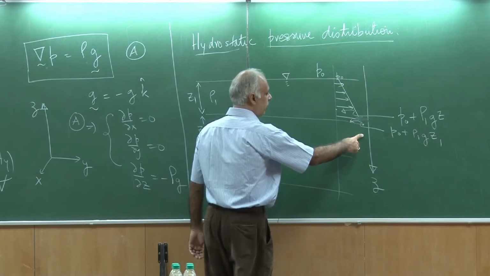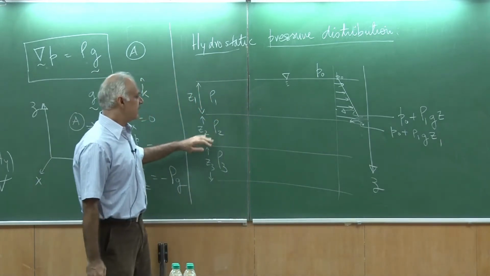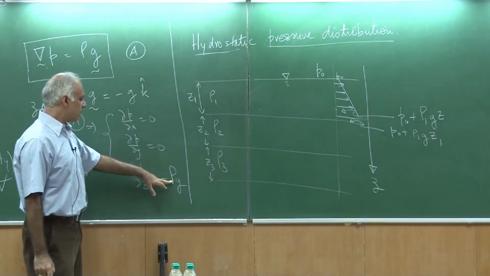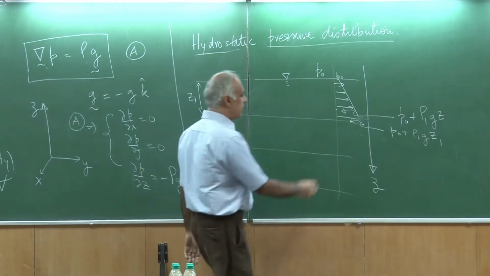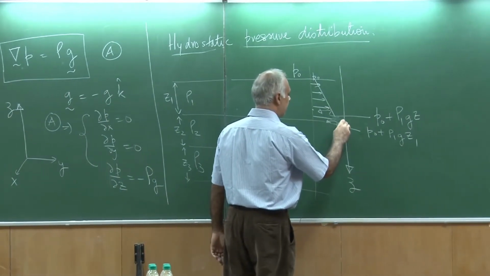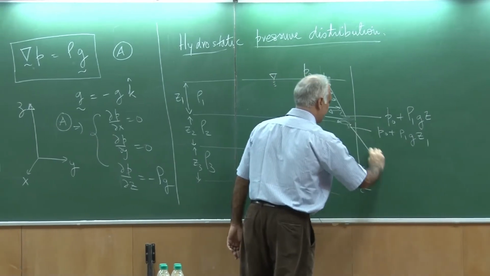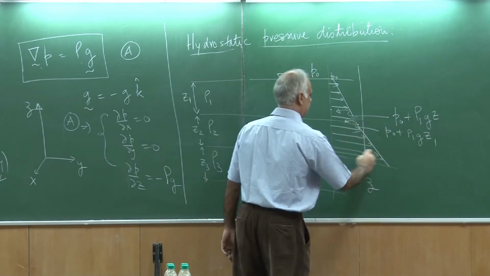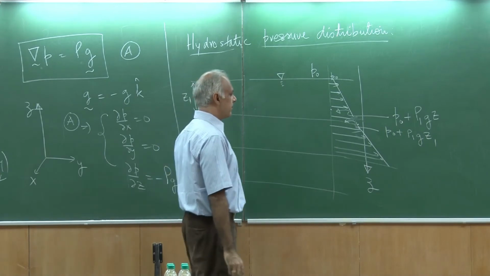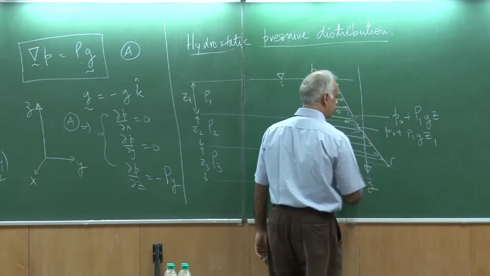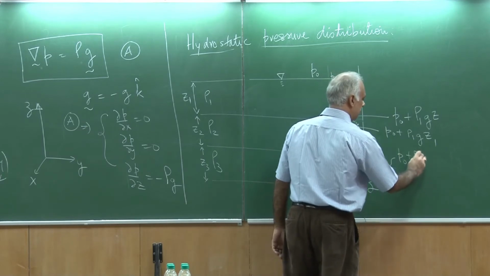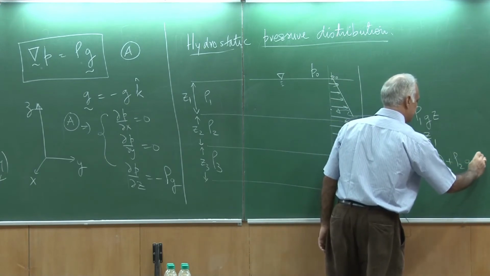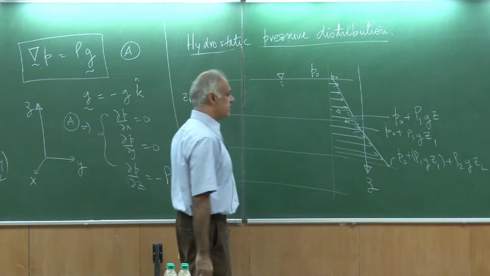Now, when I come to a point in the fluid number 2, then I would have to integrate this equation, because when I integrate it I have to account for the change in density. So, the pressure would vary linearly here and it could have a different slope. So, maybe it has a slope like this. So, this pressure here at the end would be P0 plus rho 1 g z1 plus rho 2 g z2.